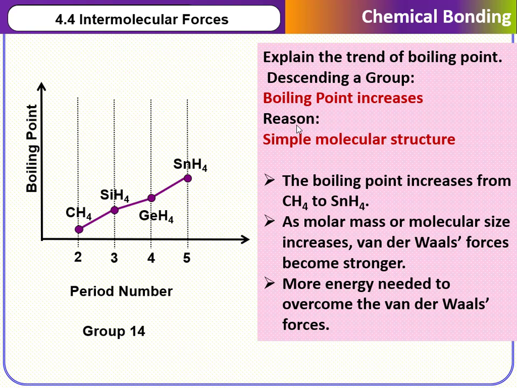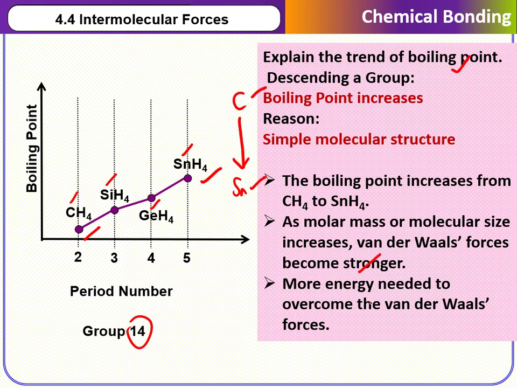Next, let us look at this question, where you have to explain the trend of boiling point descending down group 14. Group 14 consists of carbon, silicon, germanium, and stannum. So here, we can see that the boiling point increases from CH4 to SnH4. As the molar mass or molecular size increases from carbon to stannum, the van der Waals forces also become stronger.